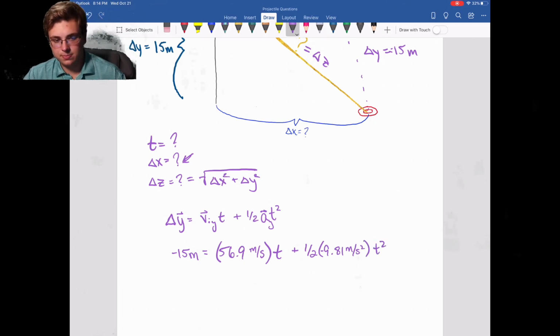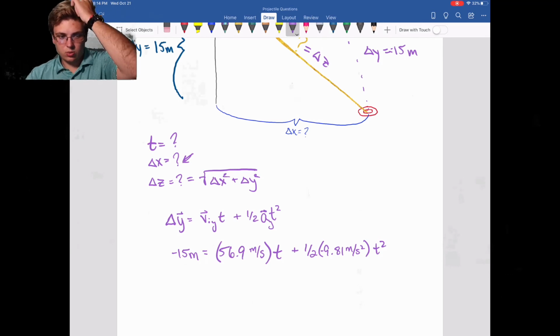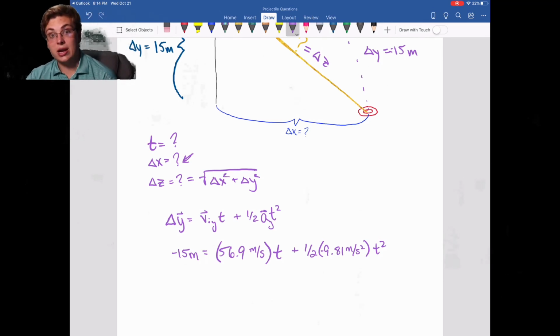We take that and we can actually look at our formula. And what do we see? We see that we need to use the quadratic formula.